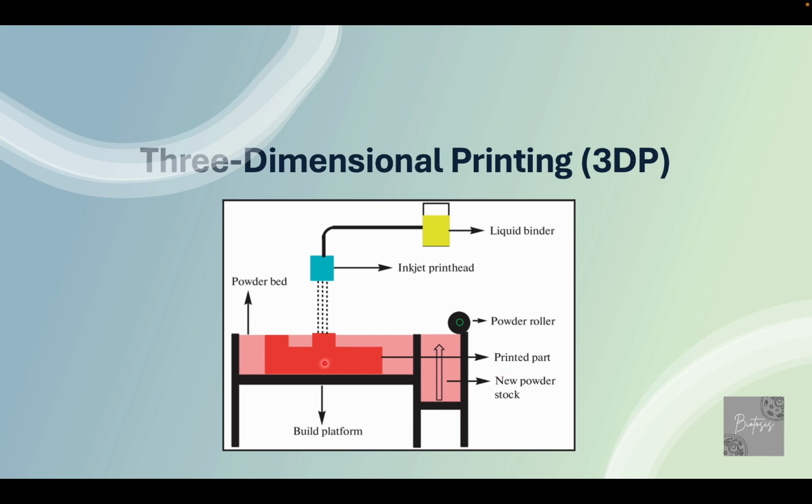The build platform goes down and down, so that the powder is up and the structure is built. Then the bed shifts down so there is space for level 2, and when the second layer is printed, it will further go down. So that is the process that is happening.